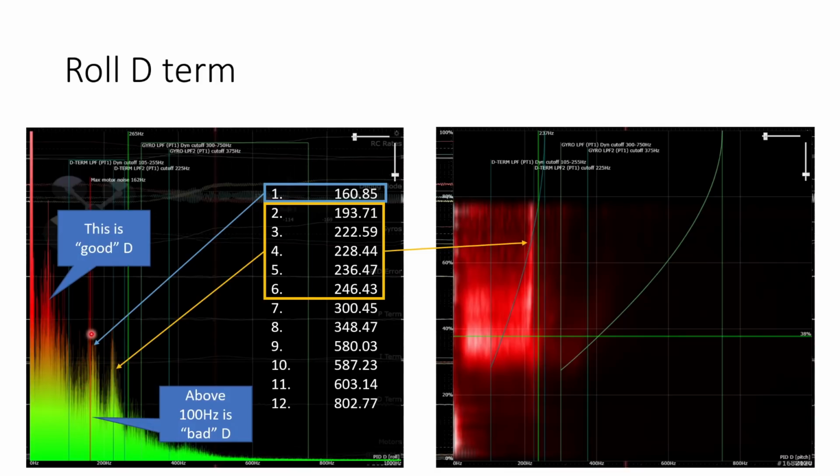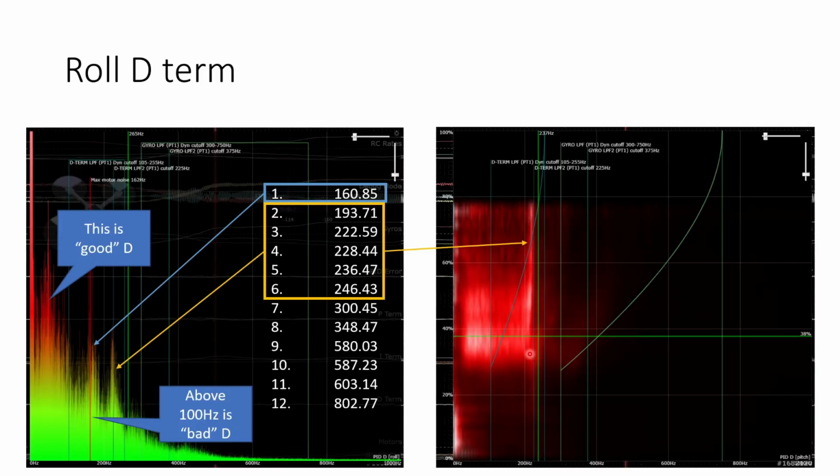And these two spikes, one at 160 and one at 220, based on the results of the finite element model, we could see that these spikes might be related to a frame resonance that is predicted to occur at just about those frequencies. And if we look at the waterfall plot, we get some further evidence that it's a frame resonance, because we notice that this vertical band here doesn't vary with throttle position at all.